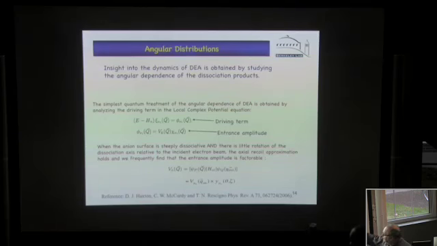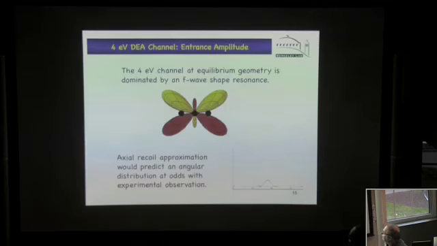If you have an ab initio calculation where you get these so-called entrance amplitudes from, you can do a multi-channel analysis. You need the partial widths and total widths, and everything, and then you can extract that angular function.